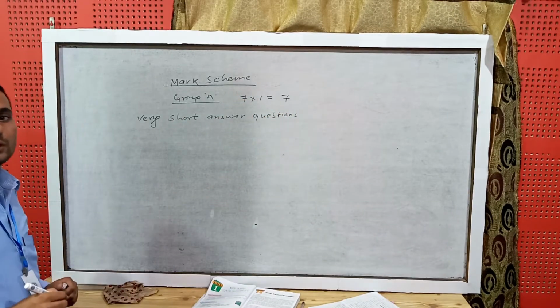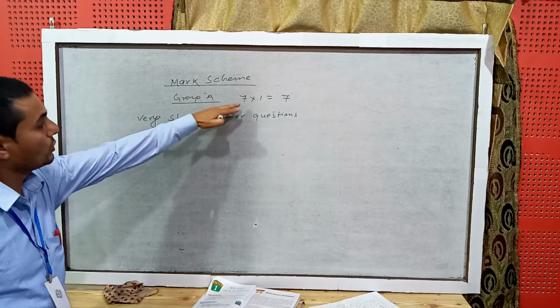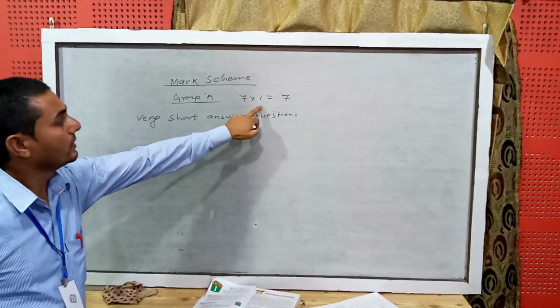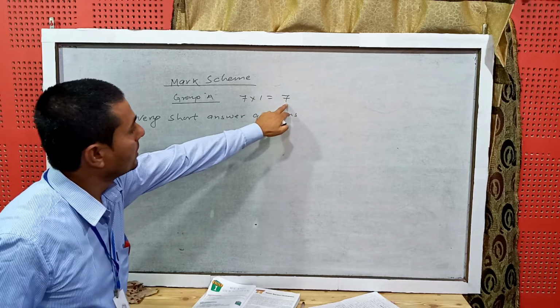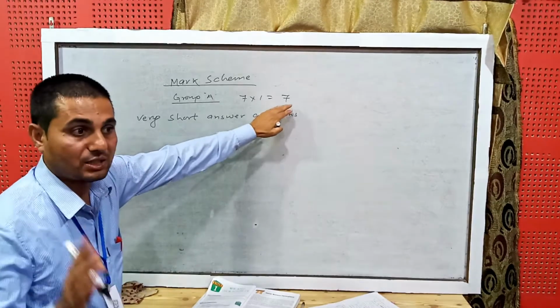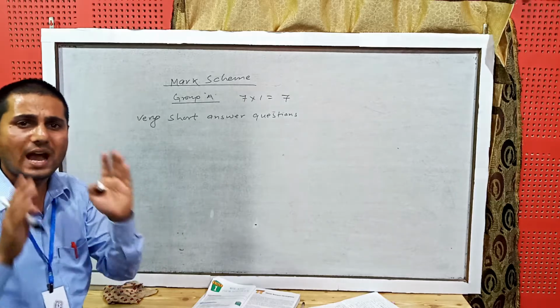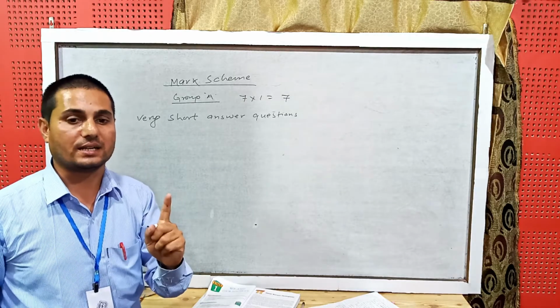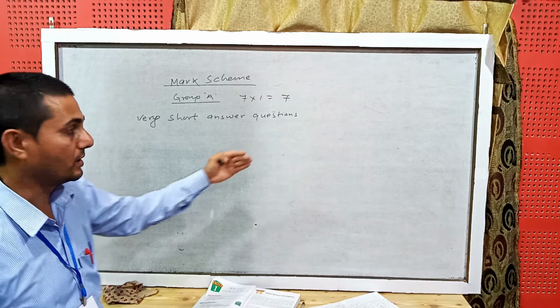Group A consists of 7 questions and each question carries 1 mark, and in total it carries 7 marks, where you have to write the answer in a sentence. A single sentence answer is enough for this question.